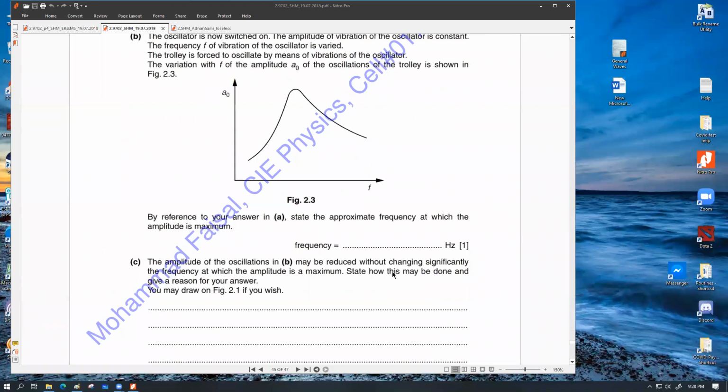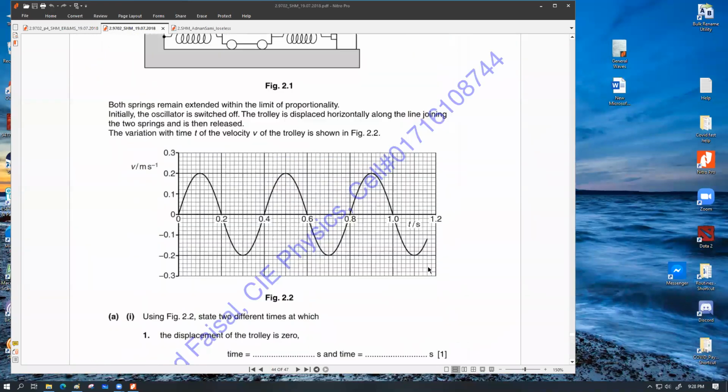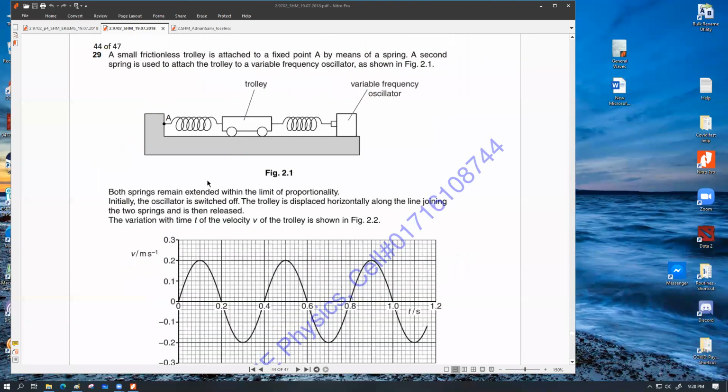They have only said that we want to reduce the amplitude without significantly changing the frequency. So the amount of drop of the amplitude can be large. So yeah, we can place this entire oscillating setup inside a liquid container, for example, an oil container or a water container, which would essentially give us a much bigger resistive force. These are the two options that I can think about without changing the trolley structure.